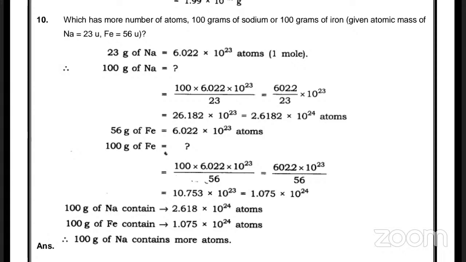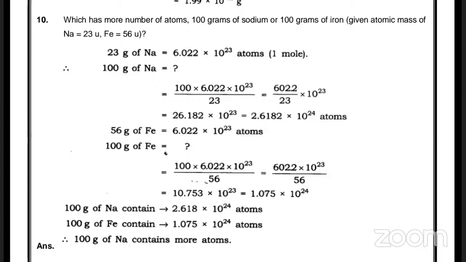Okay, Advay, can you hear me? Yes, sir. Beta, you only explain. Okay, sir. So it's given that 23 gram of sodium, we know that it is equal to 6.022 into 10 to the power 23 atoms, which is 1 mole. And we have to find what will have more number of atoms. Therefore, we first find the number of atoms in 100 gram of sodium. By cross multiplication, we get 100 into 1 mole by 23 is equal to 2.6182 into 10 to the power 24 atoms.